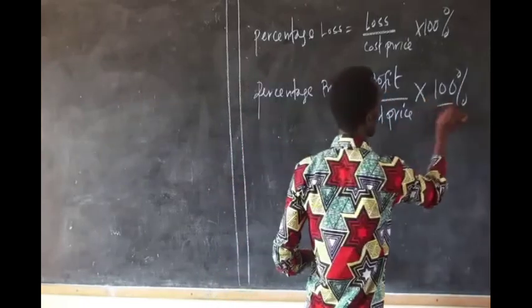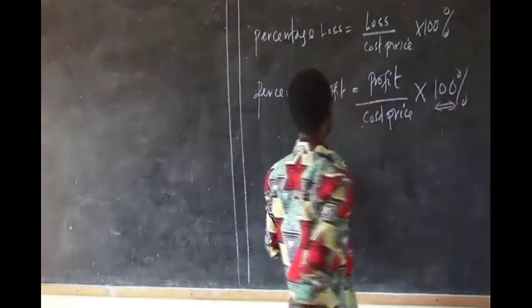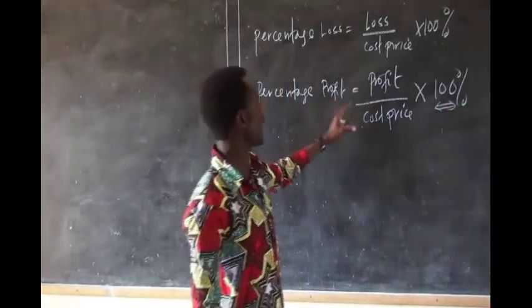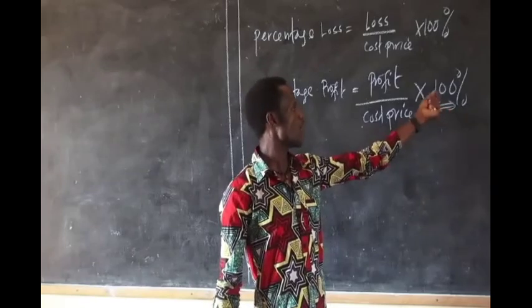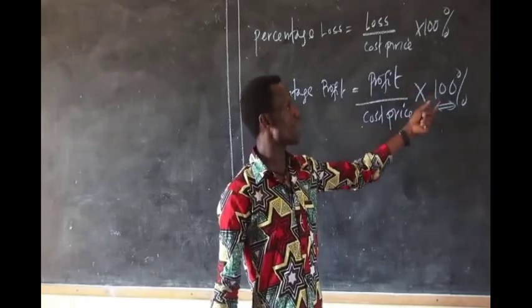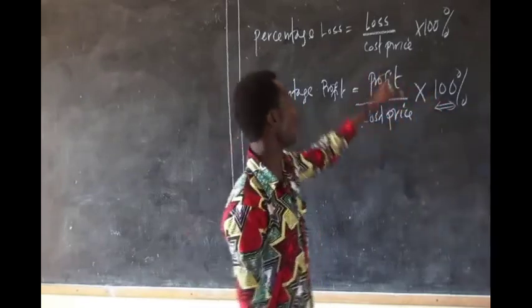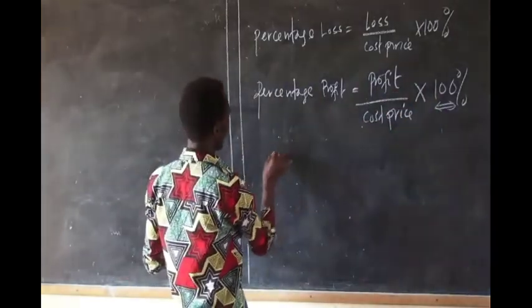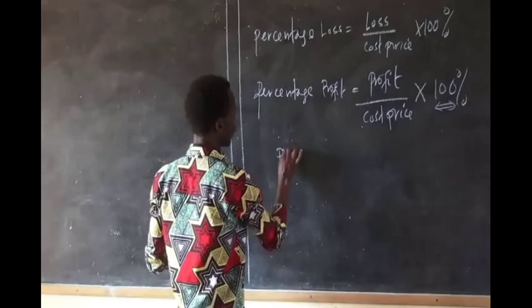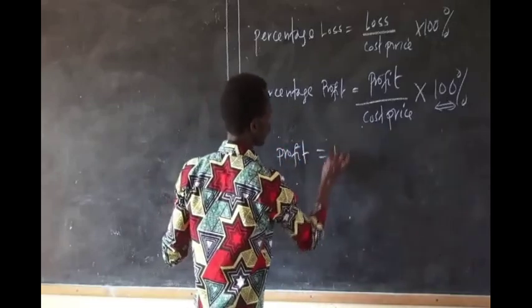Why do we multiply by 100%? Because anything that you want to convert into percentage, you must multiply by 100%. That's why we have multiplied by 100%. Example: from the above example we have seen the profit is equal to 100.